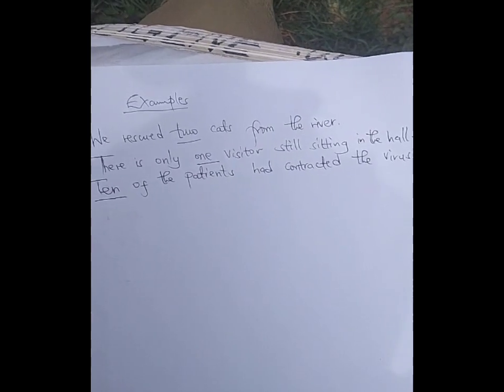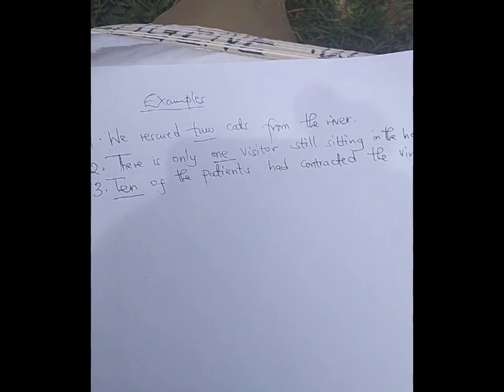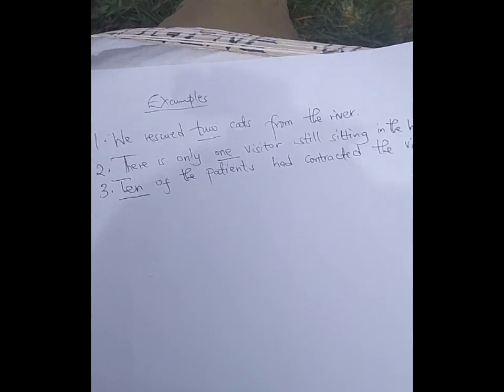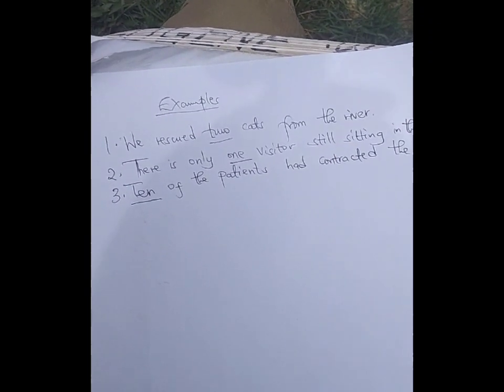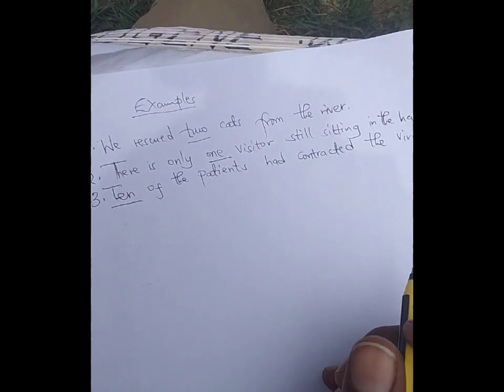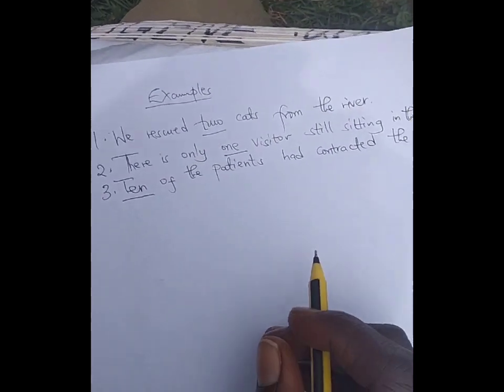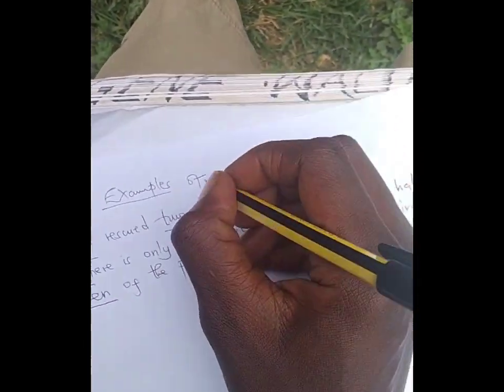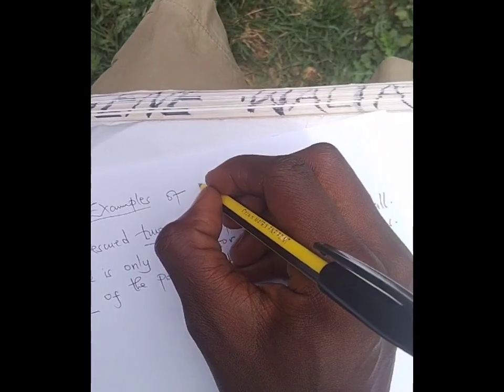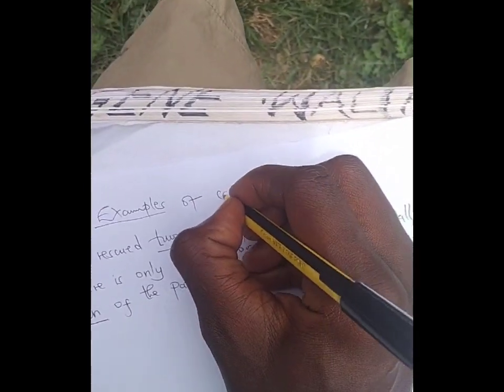So as you can see, cardinal numbers can be used in whichever position in a sentence. Could be at the beginning, in the middle, or in some cases at the end. So these are examples of cardinal numbers.